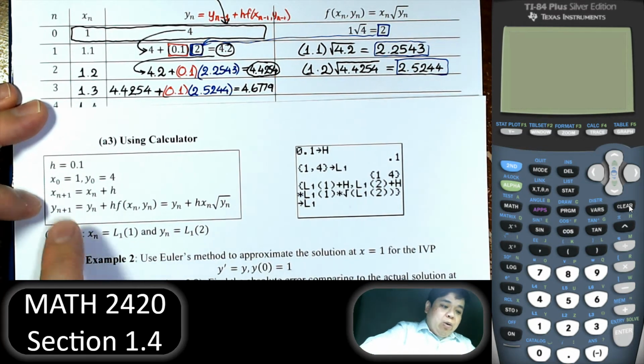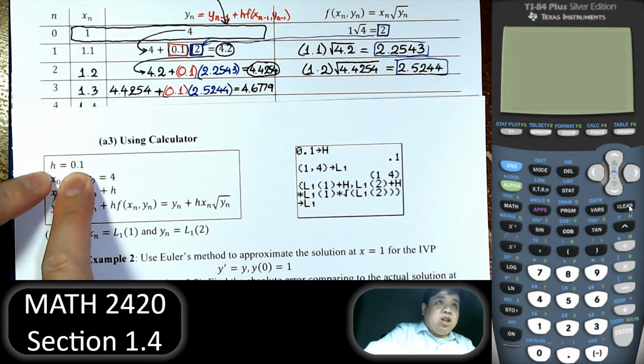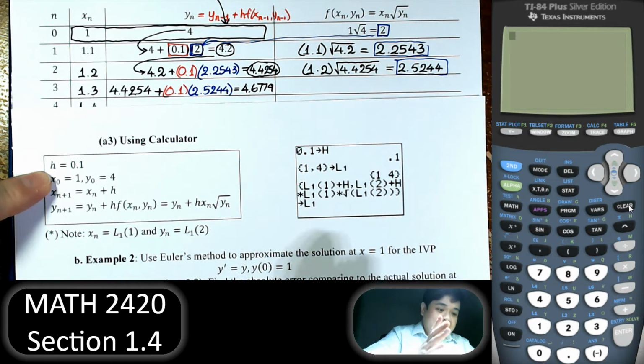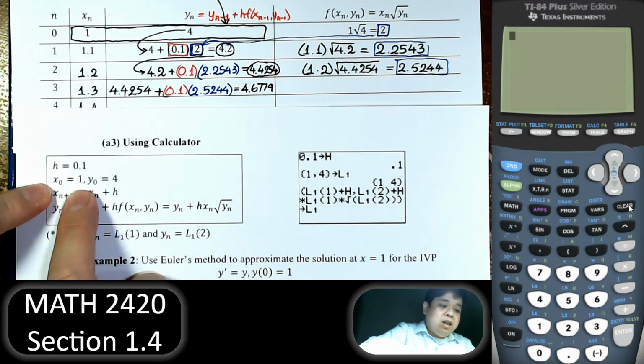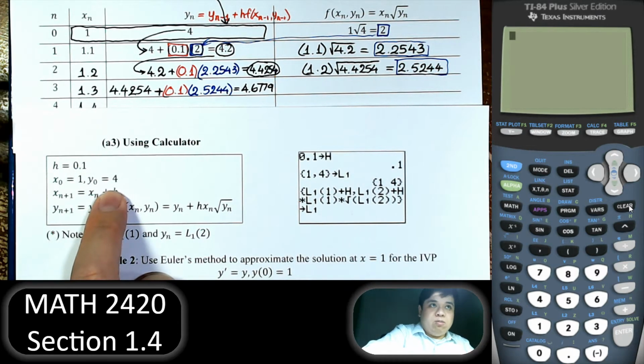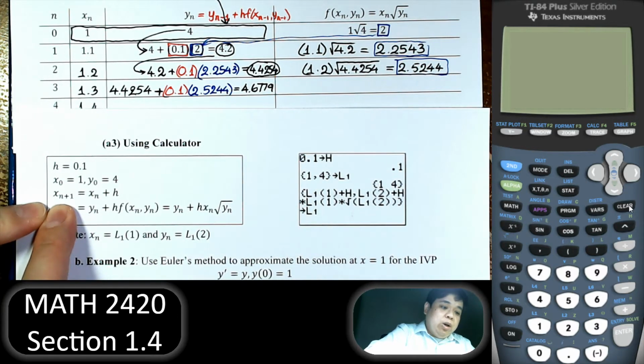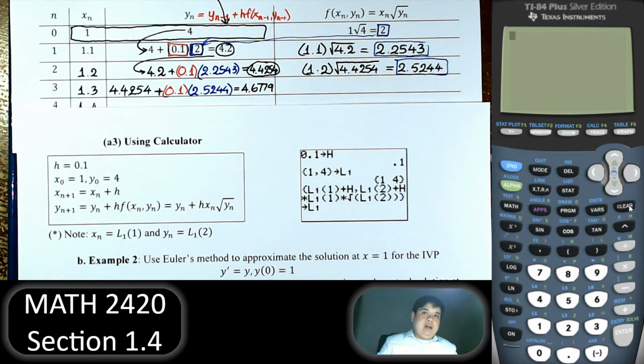So if we use the calculator, initially we let the step size equal 0.1. That's what we have. Easy enough. x naught equals 1, y naught equals 4. Easy enough. And then we update the x values and then update the y values. Right? So that's what we use the calculator for.